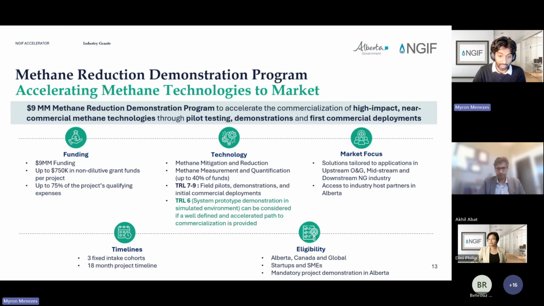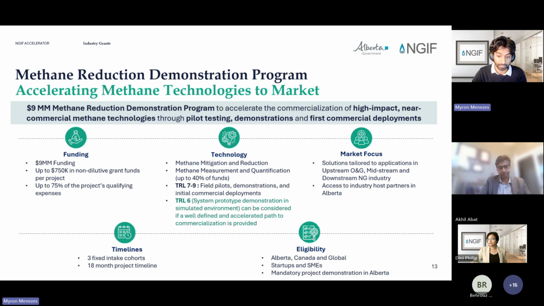Field demonstrations and first-time pilots are a huge theme in this program. With that being said, we're only going to be focusing on TRL 7 to 9 technologies during this intake, but being a little bit more mindful that not all product roadmaps are the same, we'll also invite TRL 6 technologies to apply, as long as applicants can communicate an accelerated pathway towards commercialization in their applications.